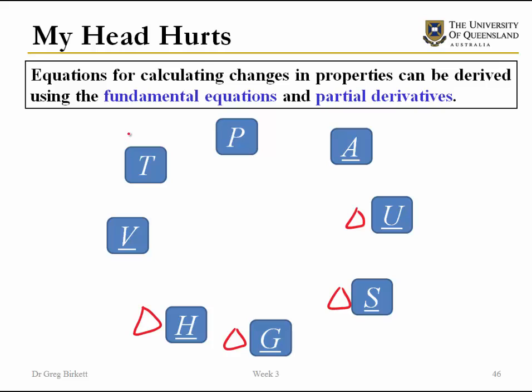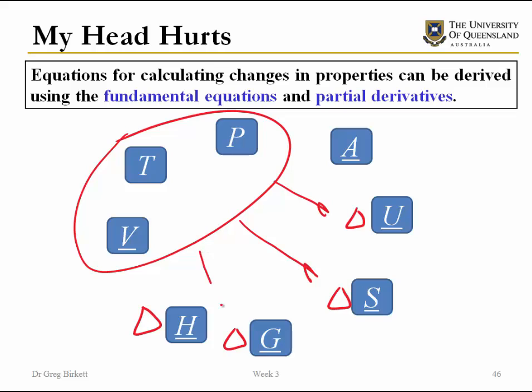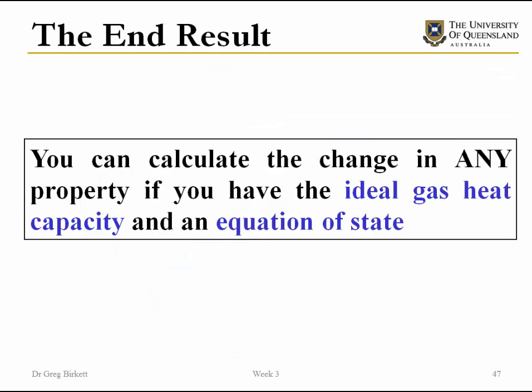That then allows us to use this property group to calculate these changes. From all this, you can calculate the change in any property as long as you have the ideal gas heat capacity and you have an equation of state.